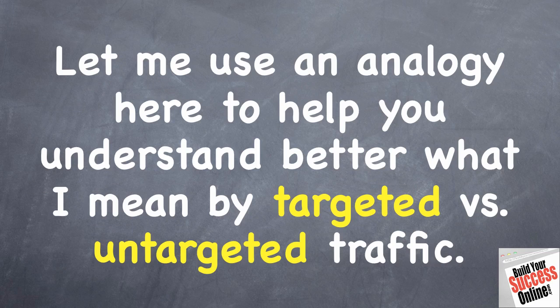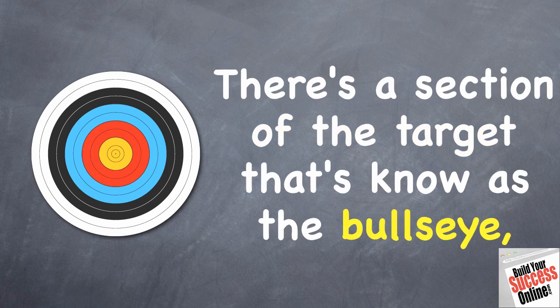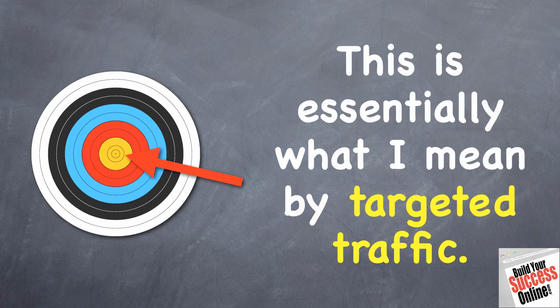Let me use an analogy here to help you understand better what I mean by targeted versus untargeted traffic. I want you to think about an archery target, like the one I have pictured here. There's a section of the target that's known as the bullseye, and it's located right around the center of the target. This is essentially what I mean by targeted traffic.